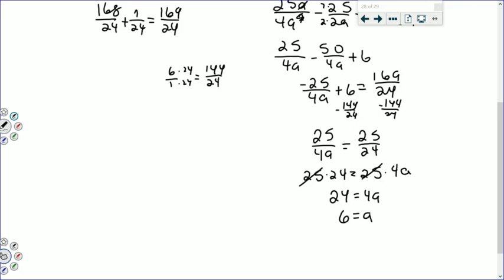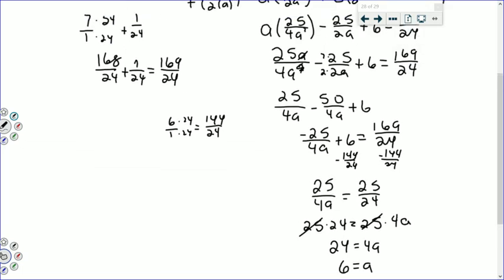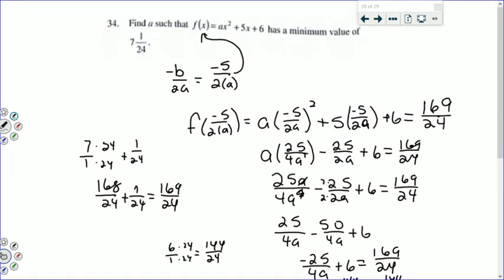So the long way to get to here is we said that a equals 6. So if we have this value as 6, then the minimum value of this graph is going to be the smallest y value this graph will get, which is 7 and 1/24, or 169 over 24. Okay.